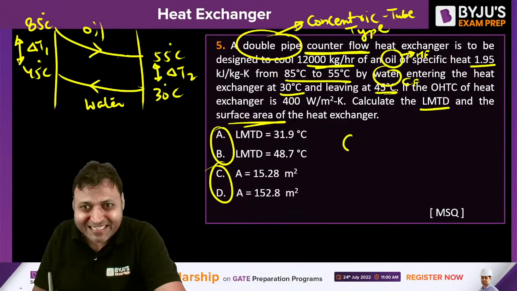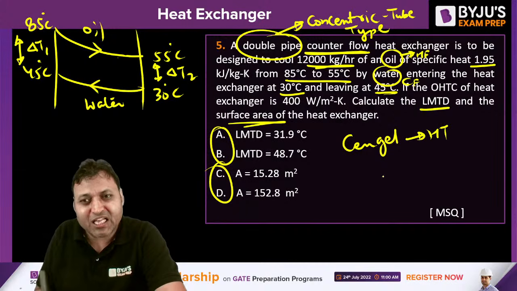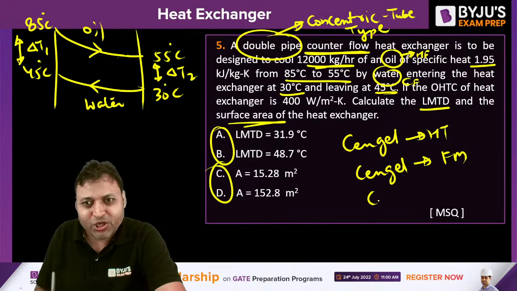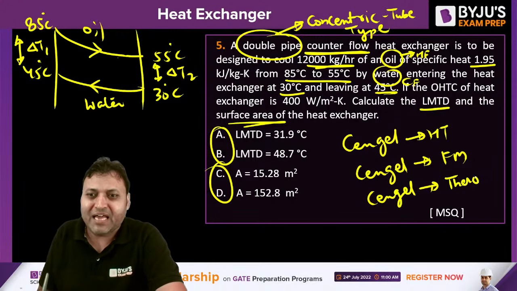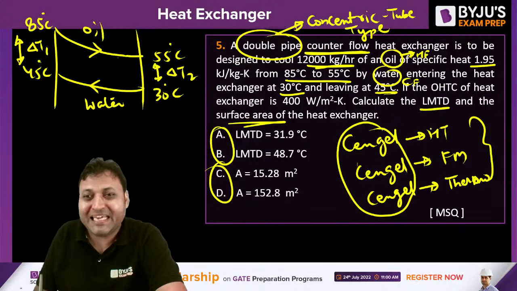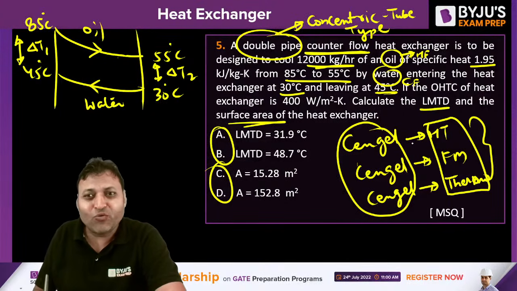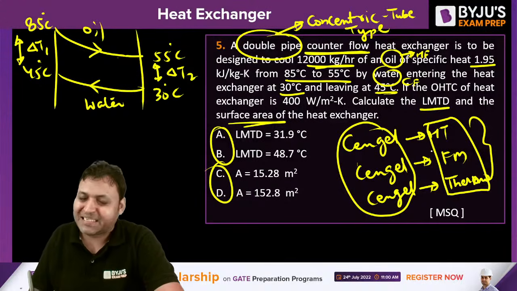Why? The reason is that you can refer to Cengel for heat transfer. You can refer to the same author for fluid mechanics. You can refer to Cengel for thermodynamics as well. So if you refer to a single book for these three subjects, then you will be able to develop a connection between the concepts of different subjects.